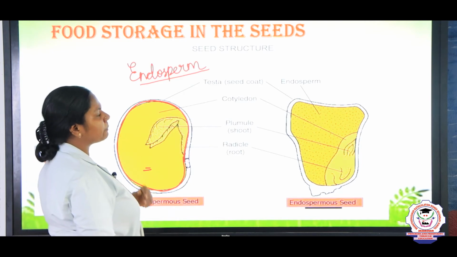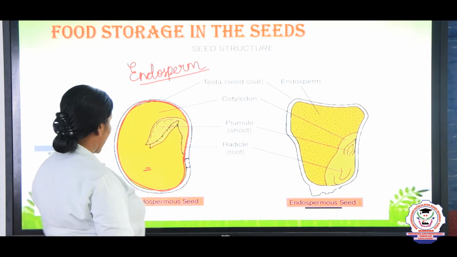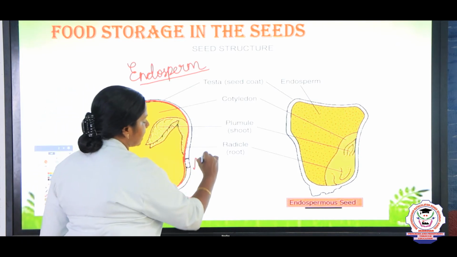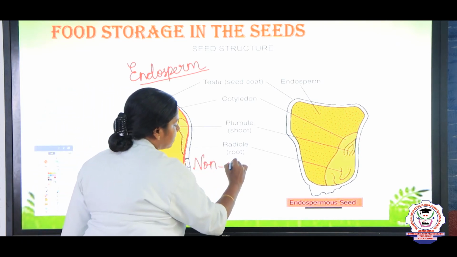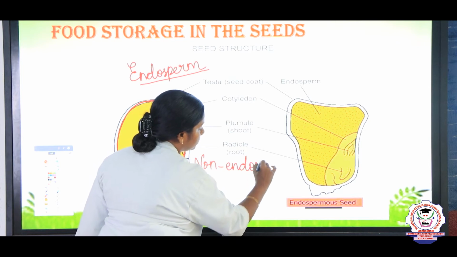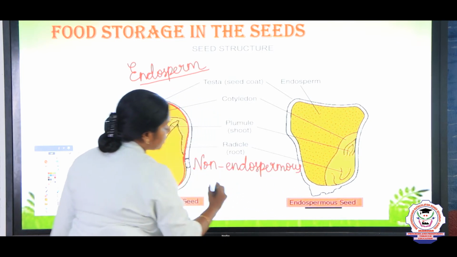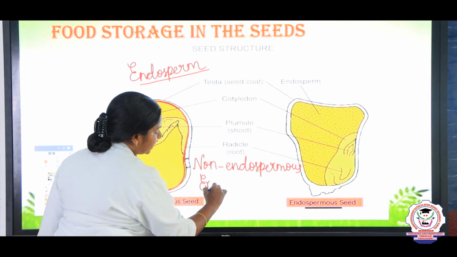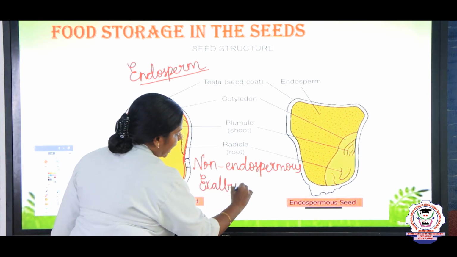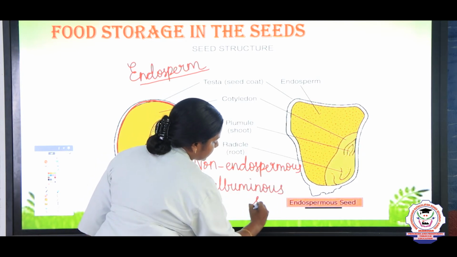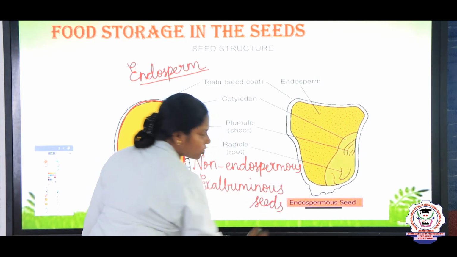Such seeds, since they do not possess the endosperm, we can call non-endospermous, or otherwise ex-albuminous seeds. It's a 2-mark question, children.